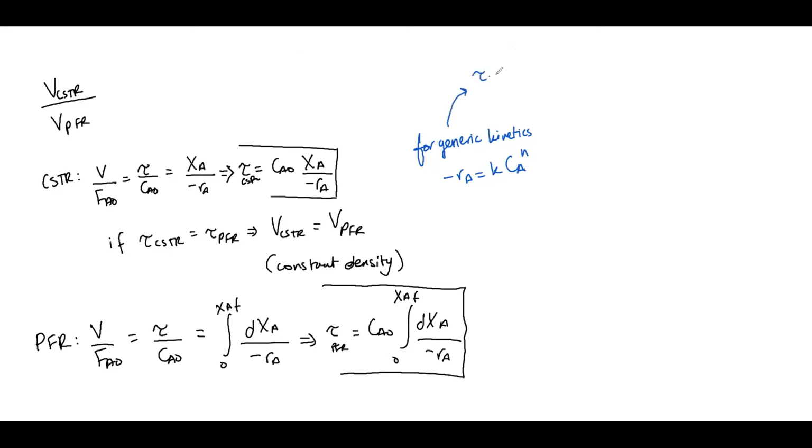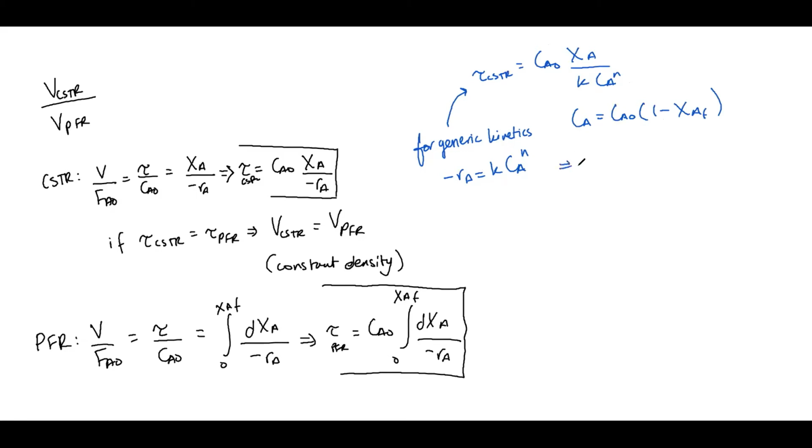Tau CSTR will be equal to CA0 XA over k CA to the power n. I'm going to replace CA with CA naught into 1 minus XA final. I'm going to use final to refer to the final conversion, the conversion coming out of the reactor.